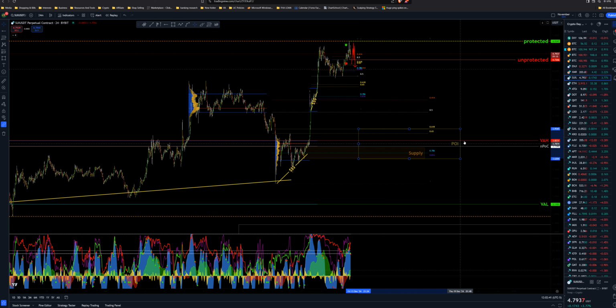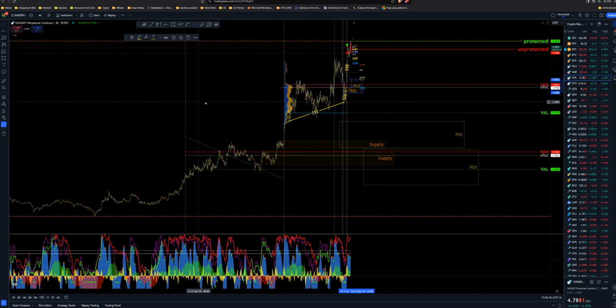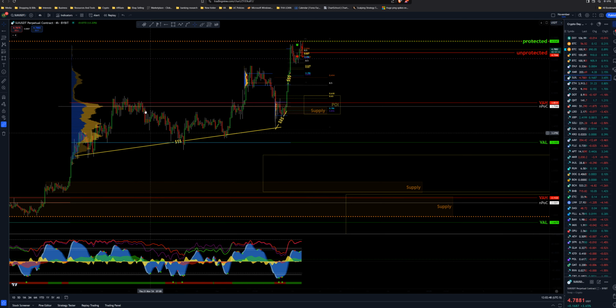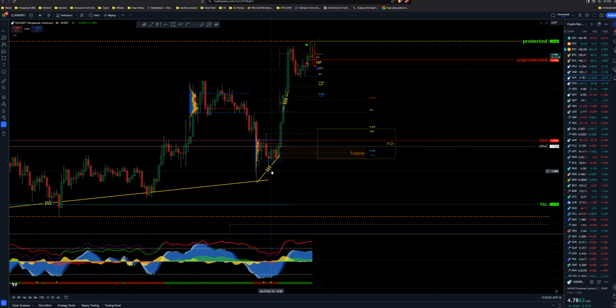And technically, let me get a different fractal for what I'm about to say. Following market structure, right? This low put in this high, and notice we only have wicks up here. We do not have body closes above this candle. That's very important.